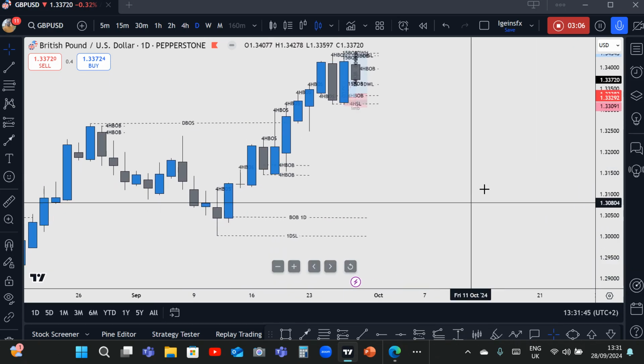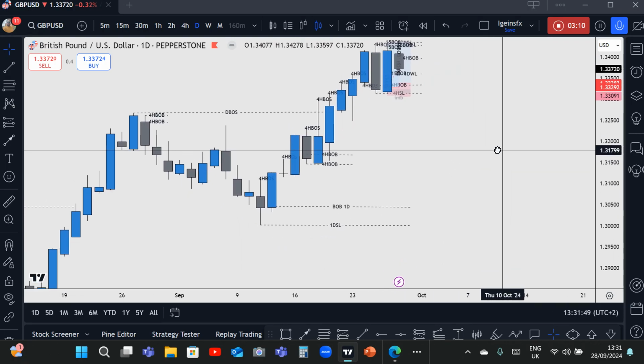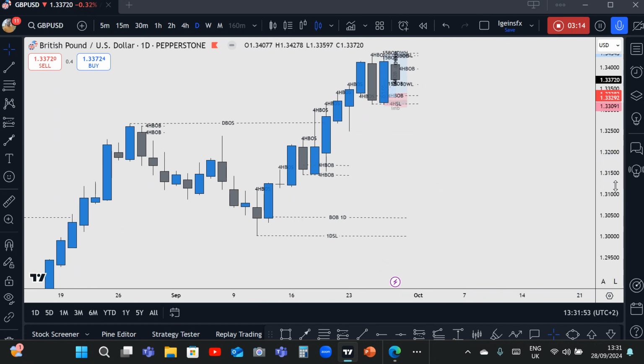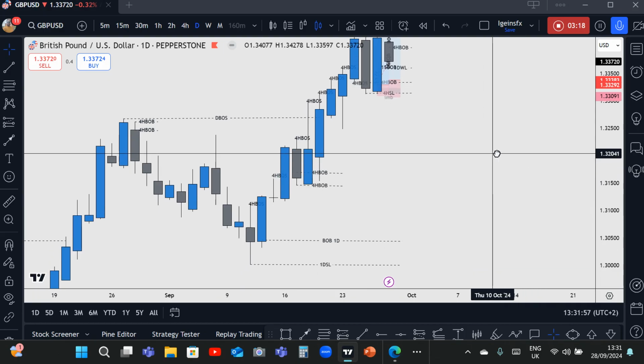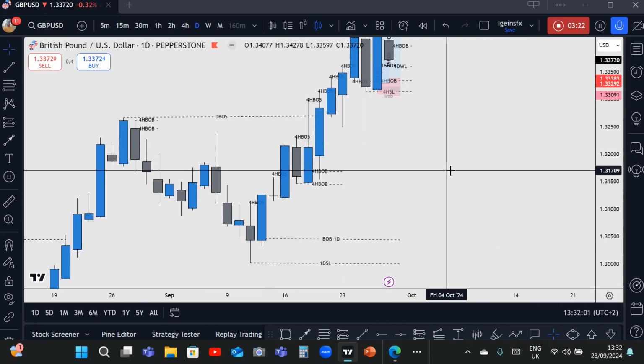As a trader, every candlestick counts because you need to know the anatomy behind each candlestick. And apart from that, when you want to do your analysis, you mark your break of structure.